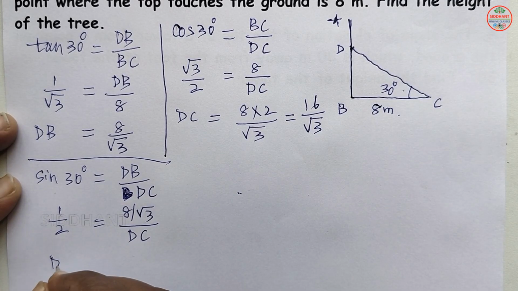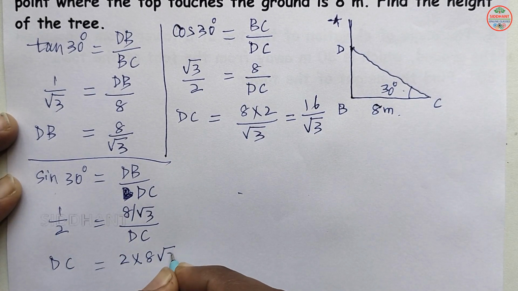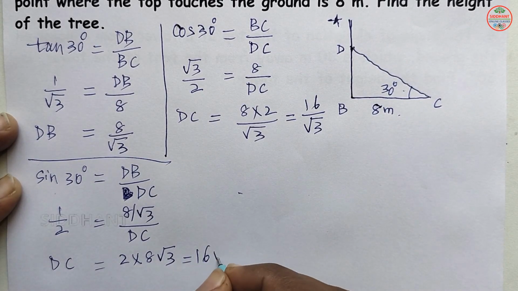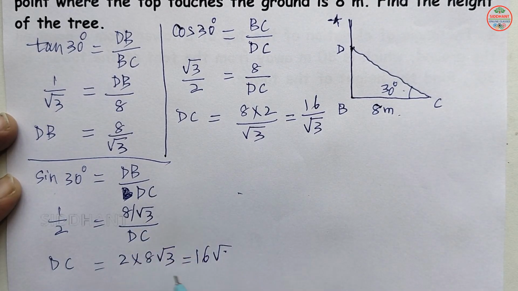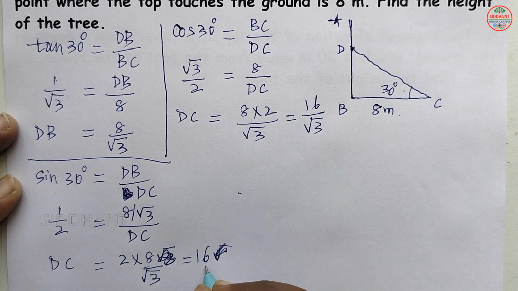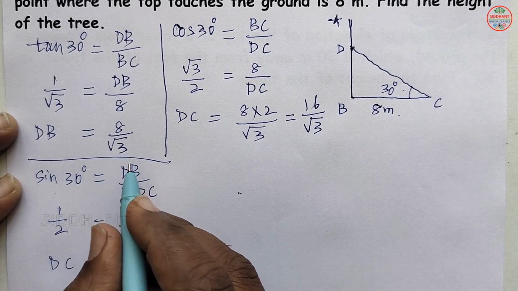So DC is equal to 2 into 8 by root 3, and here we get 16 by root 3. So DC we got 16 by root 3 and DB 8 by root 3.